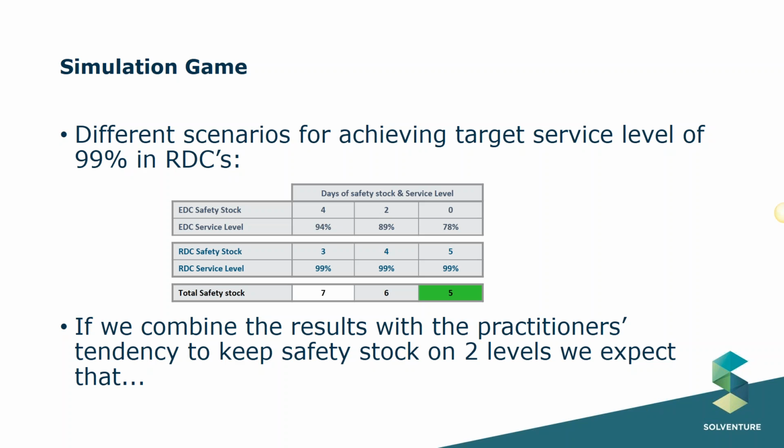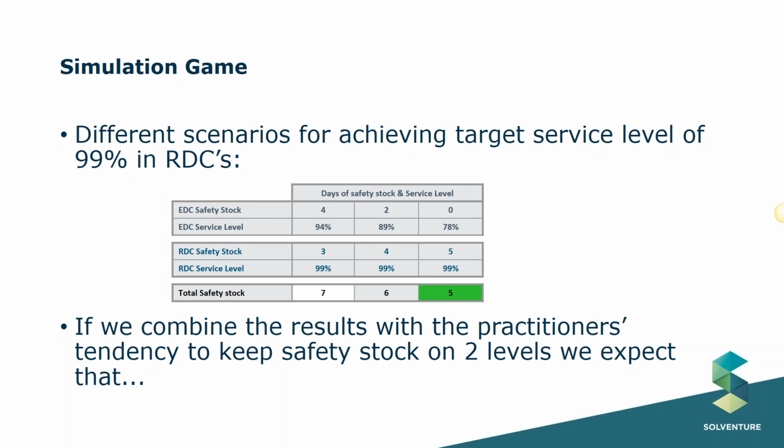We understand that if you want to deliver to your customers, you might not need a full 99% of service from the EDCs to the RDCs. So that means if you get 99% service level for the customer, we can also do it this way, keeping 4 days of stock on the EDC and 3 days on the RDCs. That leads us to a total of 7 days.